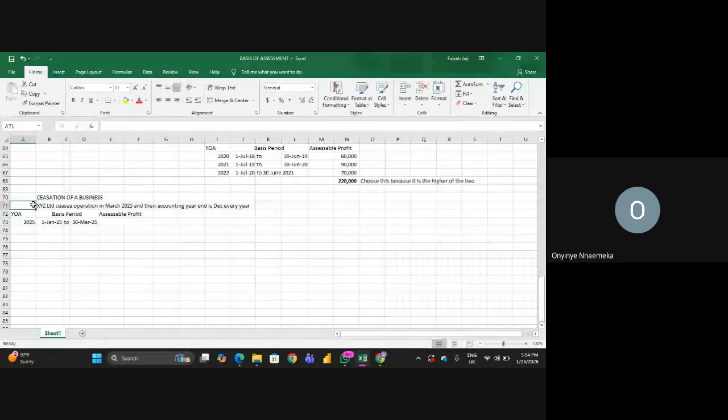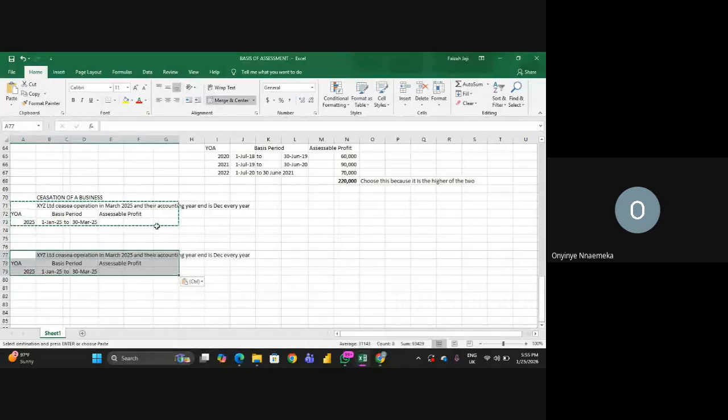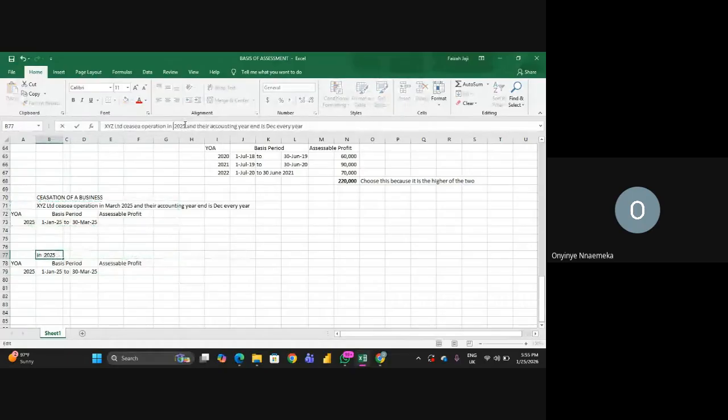So now let's copy this and paste it now. Watch. So now let's change. The company did not cease operation in March again. Cease operation in September. So this company should cease operation in September.